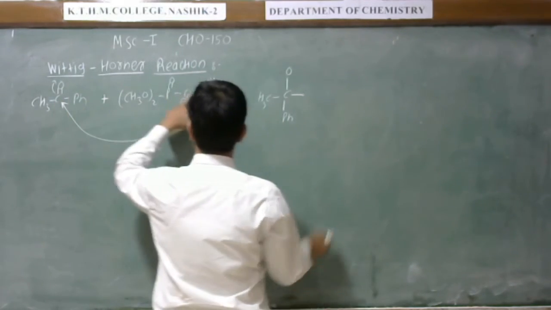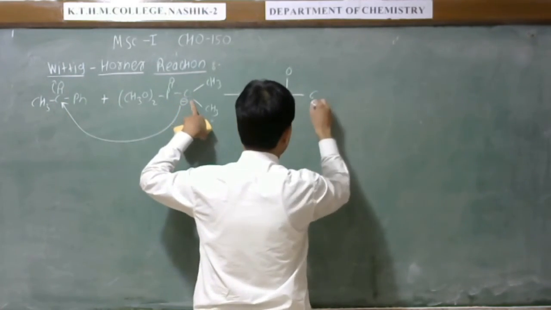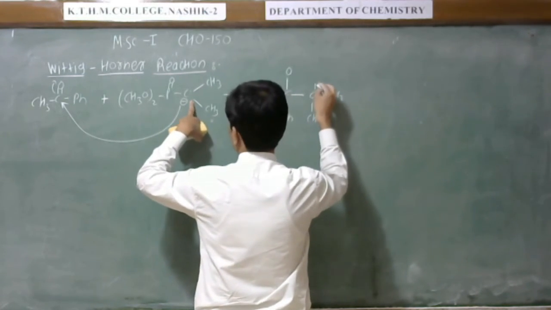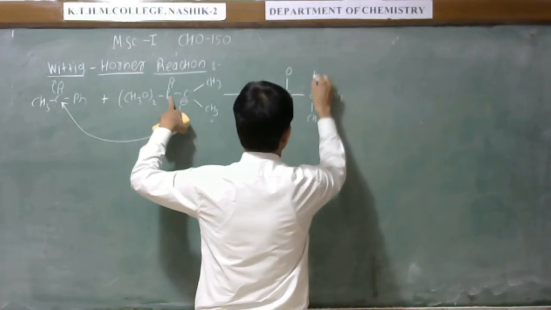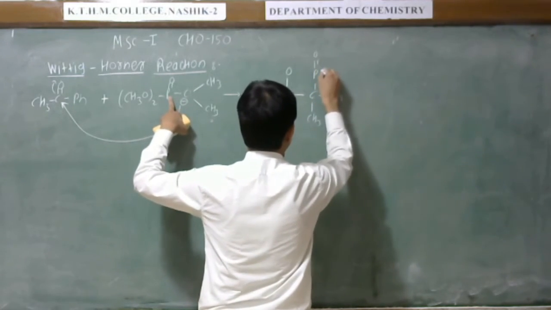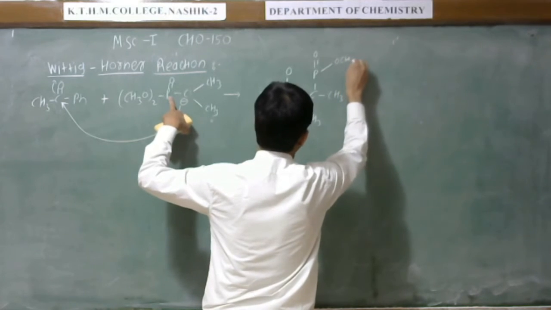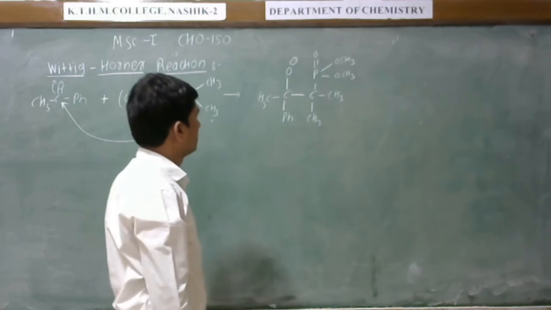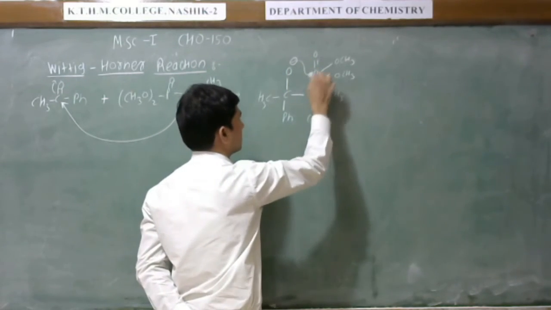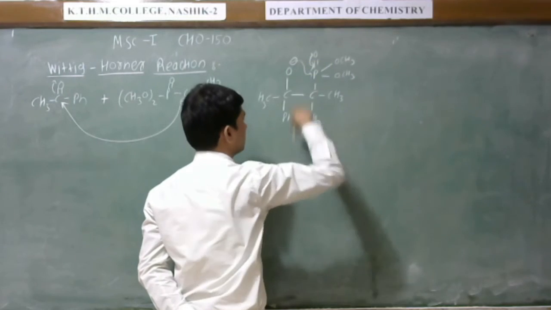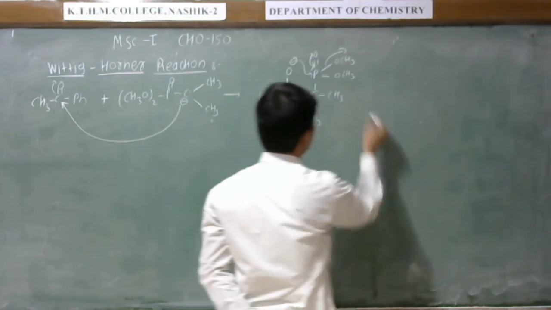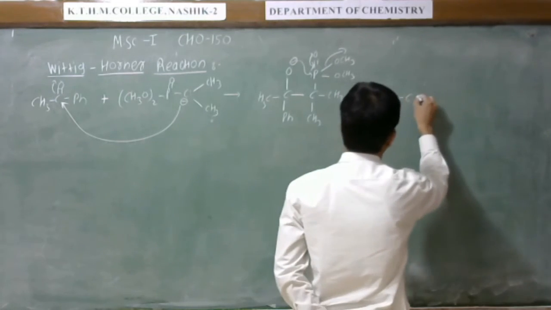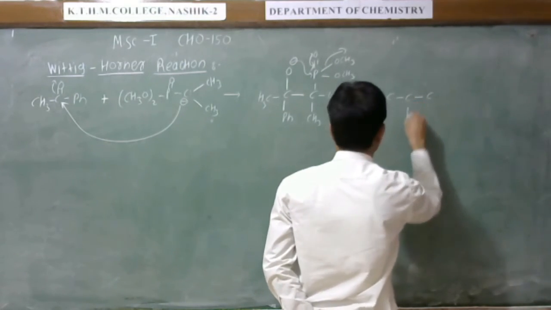Now this carbon is attached to the phosphorus, double bond O, OCH3 and OCH3. This oxygen now has the negative charge. This negative charge attacks here, this bond opens, and this OCH3 will be removed, and we get the 4-member cyclic compound, the oxaphosphetane type of compound.